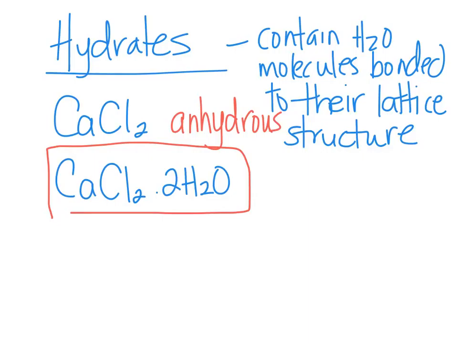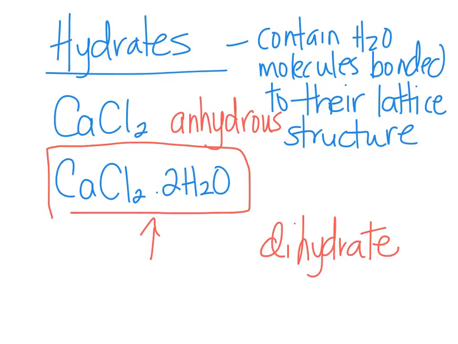When you write the formula for a hydrate, you do need that dot. Then the number tells you how many water molecules are attached. When you name it, you just use your prefixes, like covalent molecules. So it's di for 2, hydrate. If you have 5 waters bonded to you, what are you going to be?